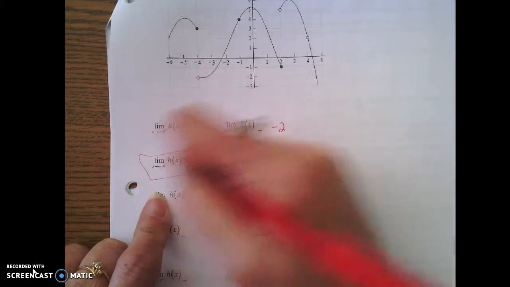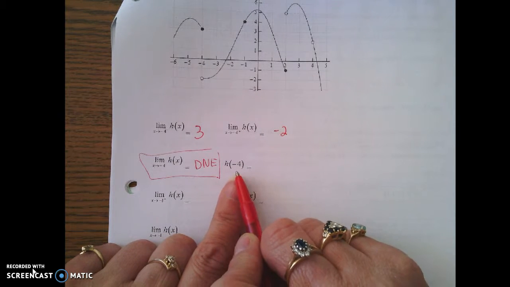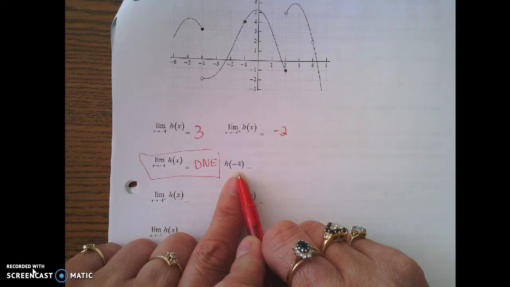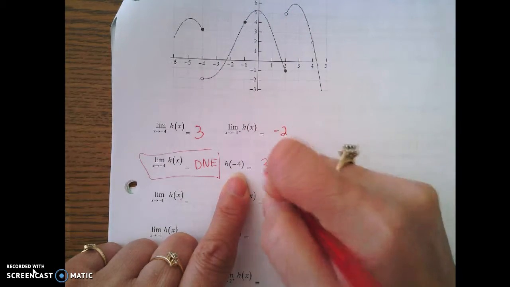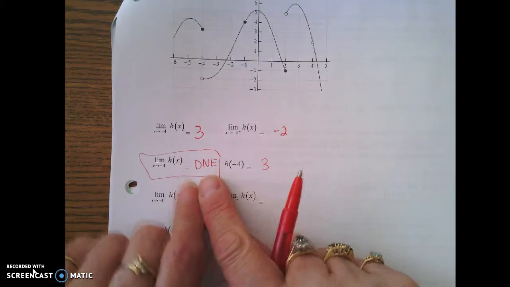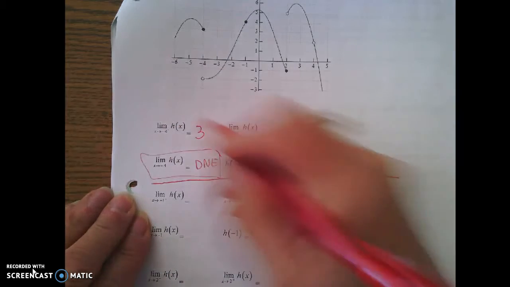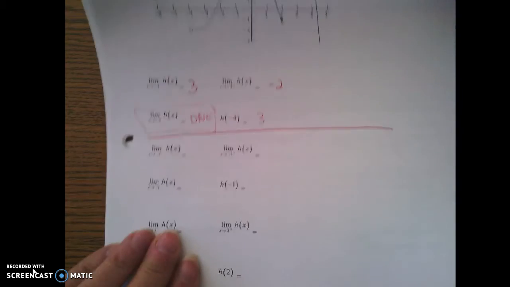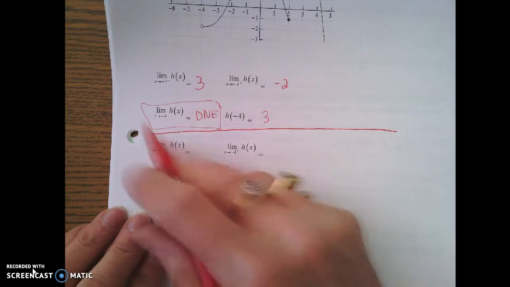That's the answer. This wants us to figure out the actual function's value at -4, not the limit. Is it defined? We have a closed dot, so that answers 3. But since these two weren't the same, your limit does not exist. Those 4 problems went together because we were all looking at the function as x approaches -4.